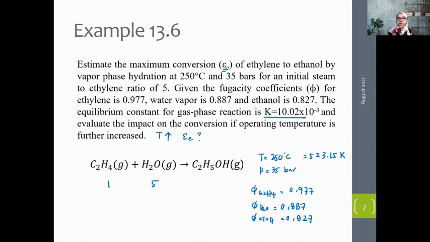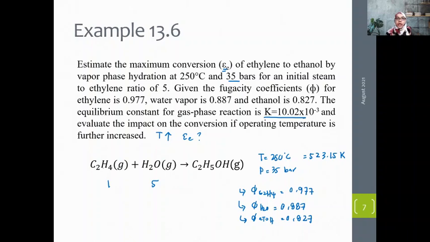Okay, if the question says to operate at low pressure, we can assume this is an ideal condition, so you may neglect the interaction among the species, and the fugacity coefficient can be neglected. But since this reaction operates at higher pressure, we must consider the fugacity coefficient.